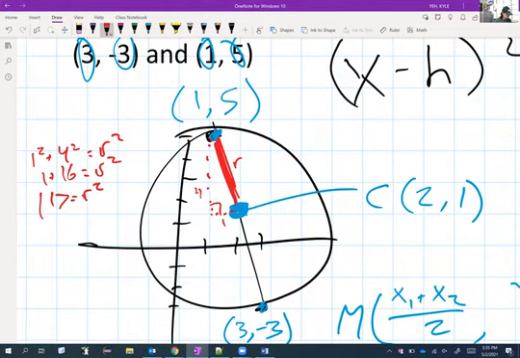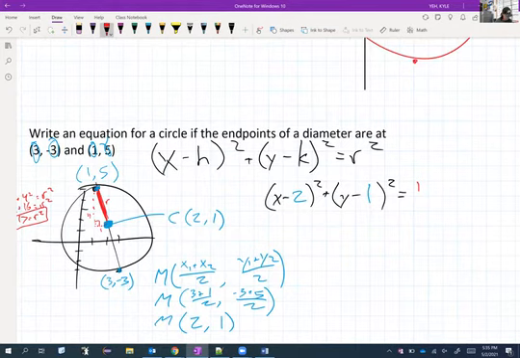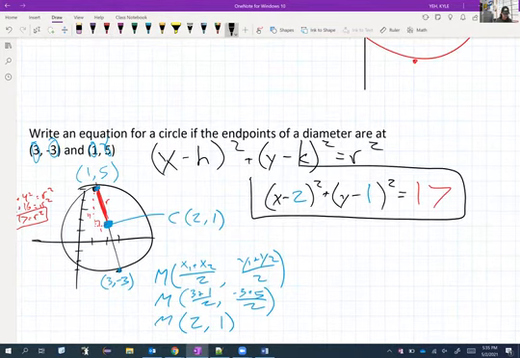I actually want r squared. (x minus 2) squared plus (y minus 1) squared equals 17 for this problem. Using the midpoint formula to find the center of the circle because we knew the two diameter endpoints, and using the Pythagorean theorem to find the radius, r squared, really.